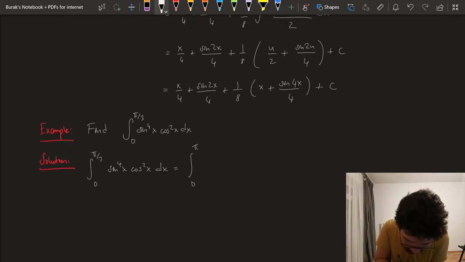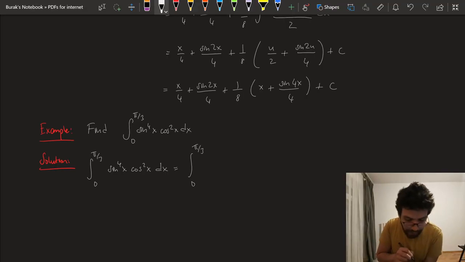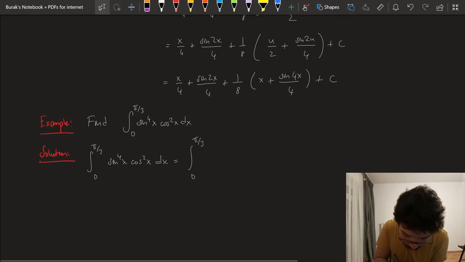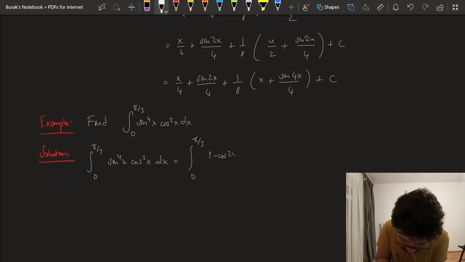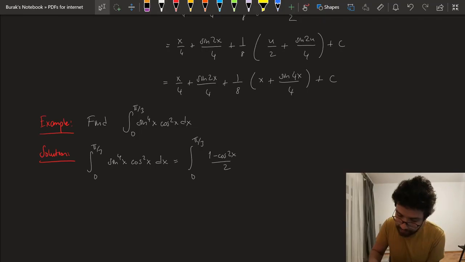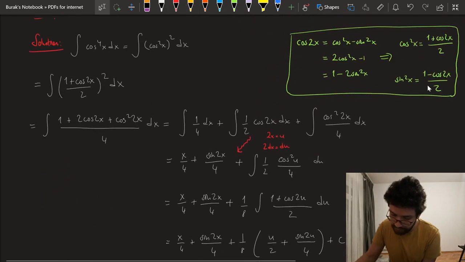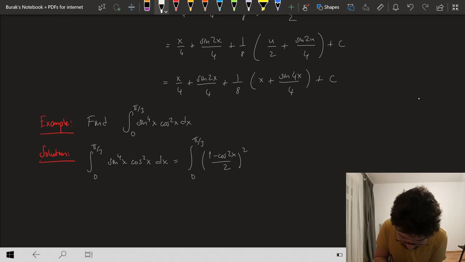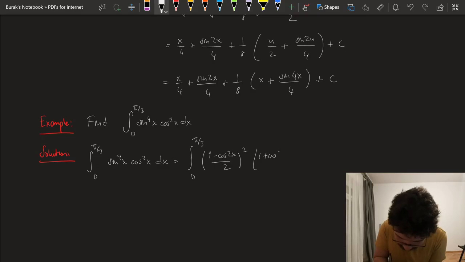I'm going to replace sine squared by 1 minus cosine 2x divided by 2, just like I had over here, and I have the square of this. And then instead of cosine squared, I'm going to write 1 plus cosine 2x divided by 2.